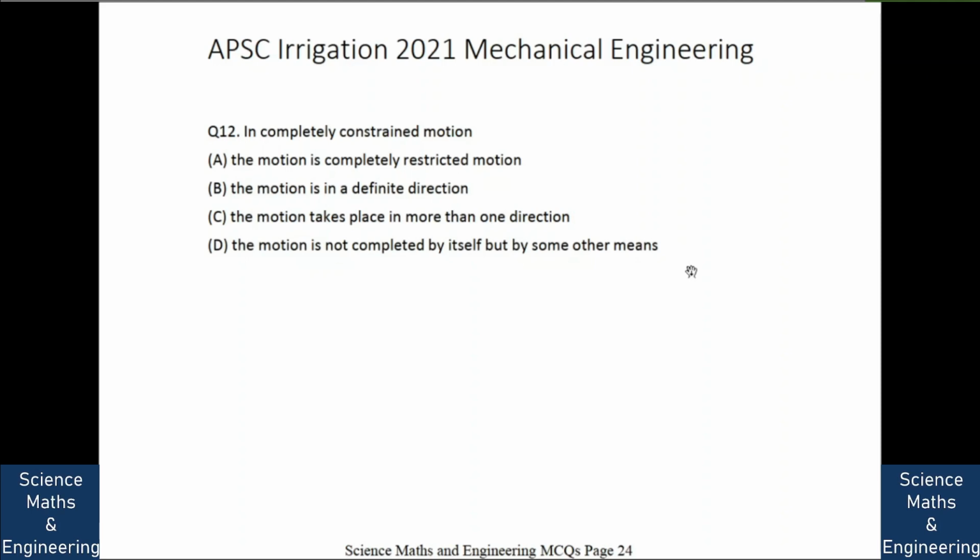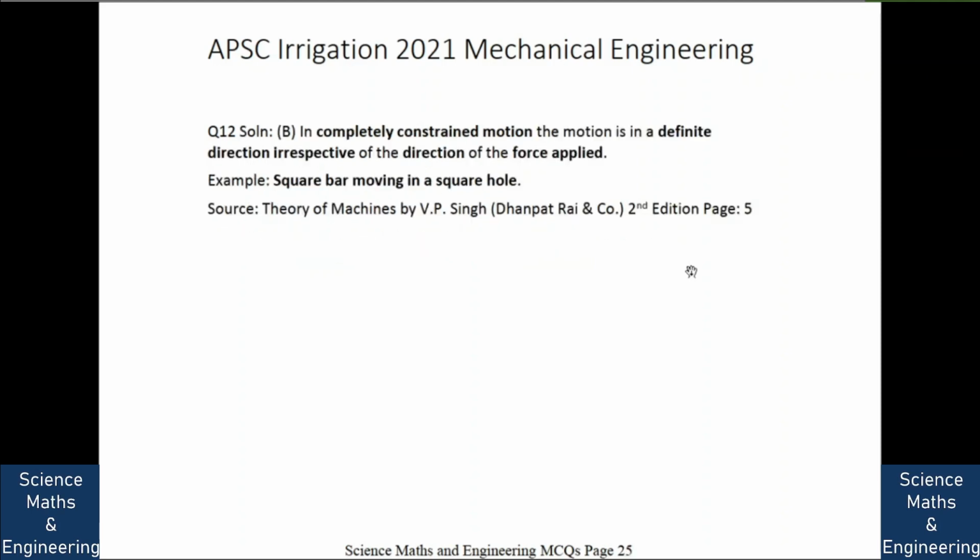So the answer is B, that irrespective of the direction of the force applied, in completely constrained motion, the motion is only in a definite direction. So one example is a square bar moving in a square hole. So this square bar can only go along the hole, but it cannot go any other ways.